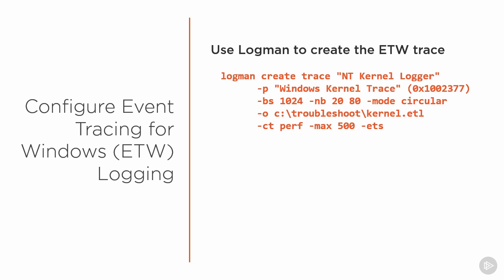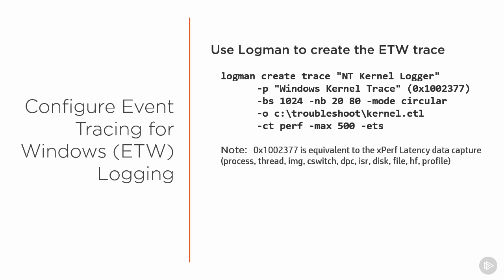Then I'm specifying the buffer size, and then the number of buffers, the minimum and the maximum. The mode is circular. The output is going to that working folder called C:\troubleshoot, putting it in a file called kernel.etl. I'm then specifying the clock resolution as performance with a maximum file size of 500 megabytes and the -ets flag for event trace session.